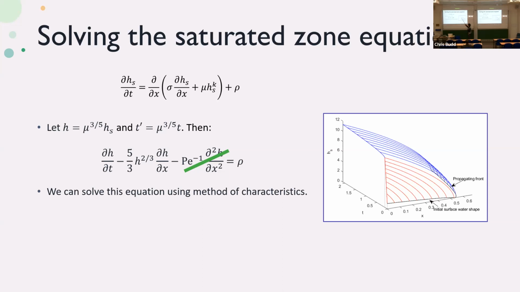And by solving this PDE in these two regions for these two initial conditions, we can find the flow at any time, which is quite amazing.